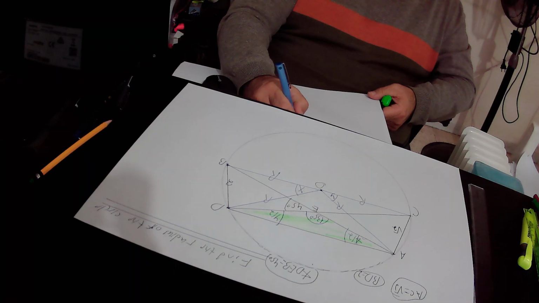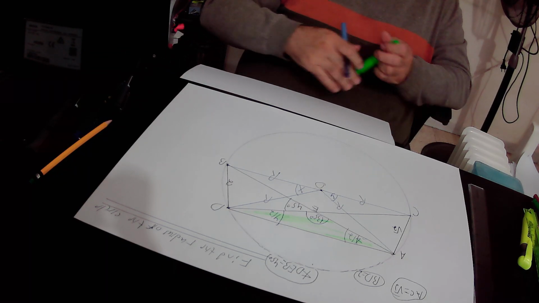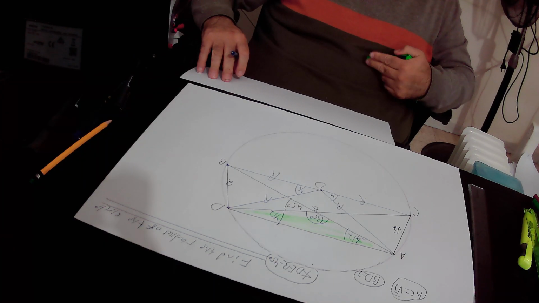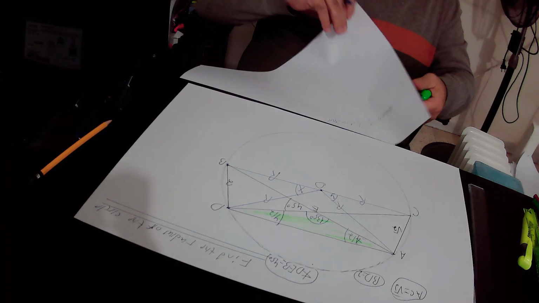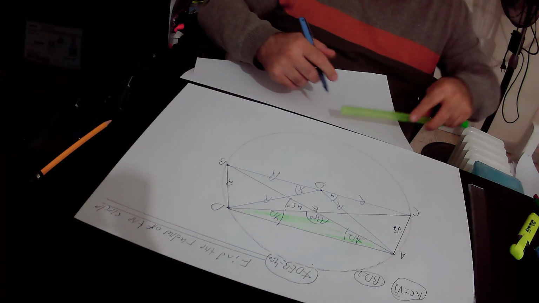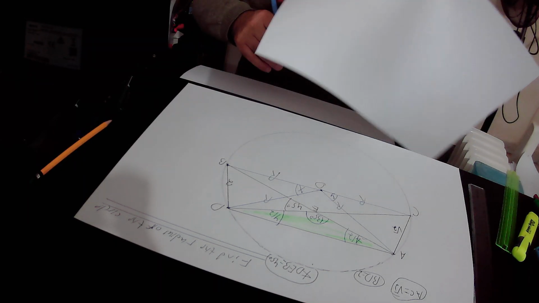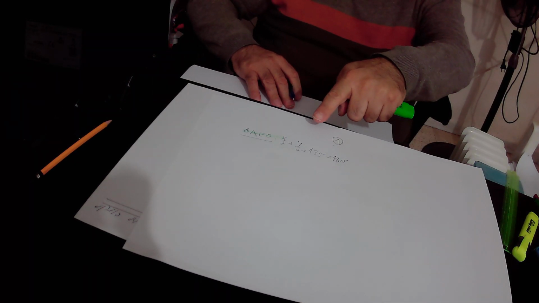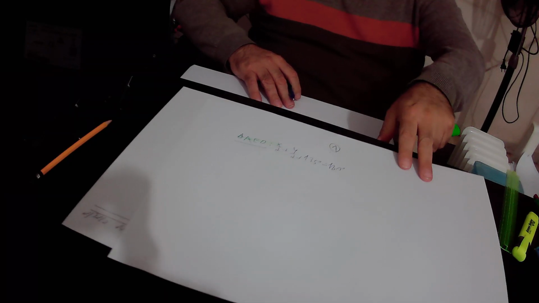In total, they must be equal to 180 degrees. So x over 2 plus y over 2 plus 135 degrees must be equal to 180 degrees.